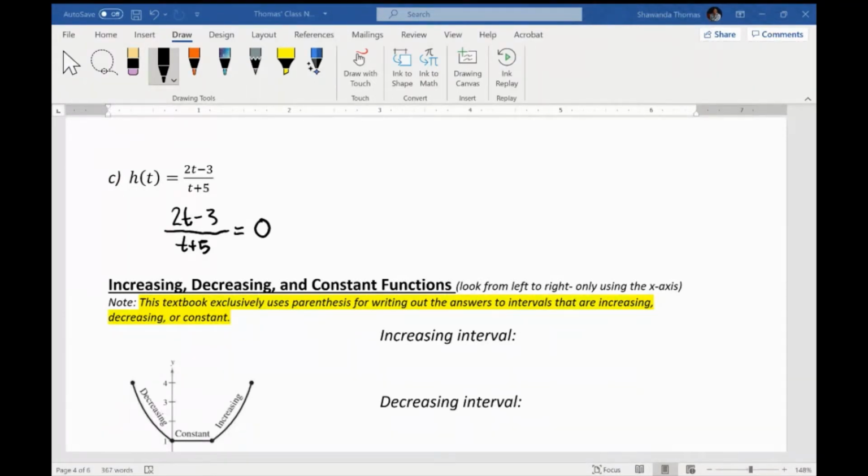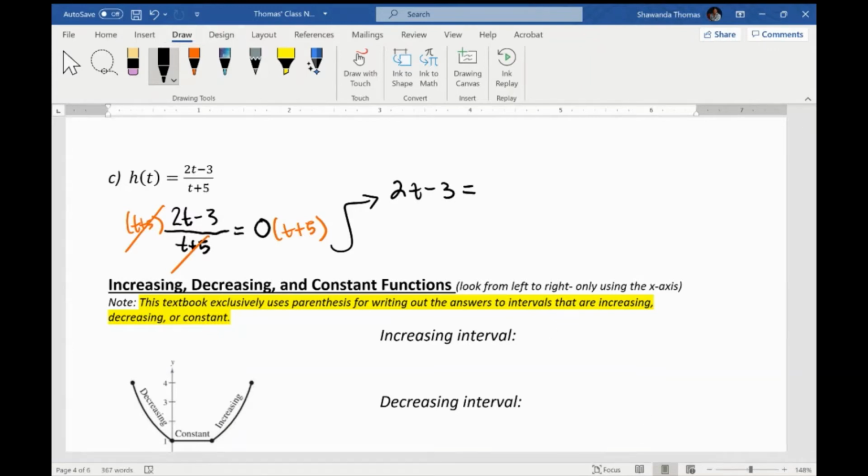Very good. I know it seems blasphemous, but we're going to multiply both sides by t plus 5. It's a little weird, but that cancels that out. T plus 5 is over 1, so the t plus 5 in orange in the numerator cancels out with the t plus 5 in the denominator. All right, so we have 2t minus 3 equals what's on the right side?